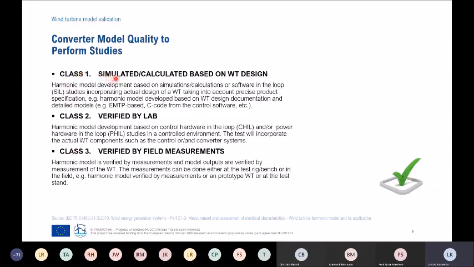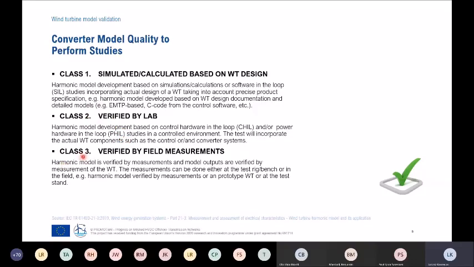At an early stage of product development, the wind turbine development itself, the model can be derived based on simulated or calculated assumptions during the design phase. However, when the product is more matured, there is an opportunity to verify it in the lab by means of control hardware in the loop or even power hardware in the loop simulations.